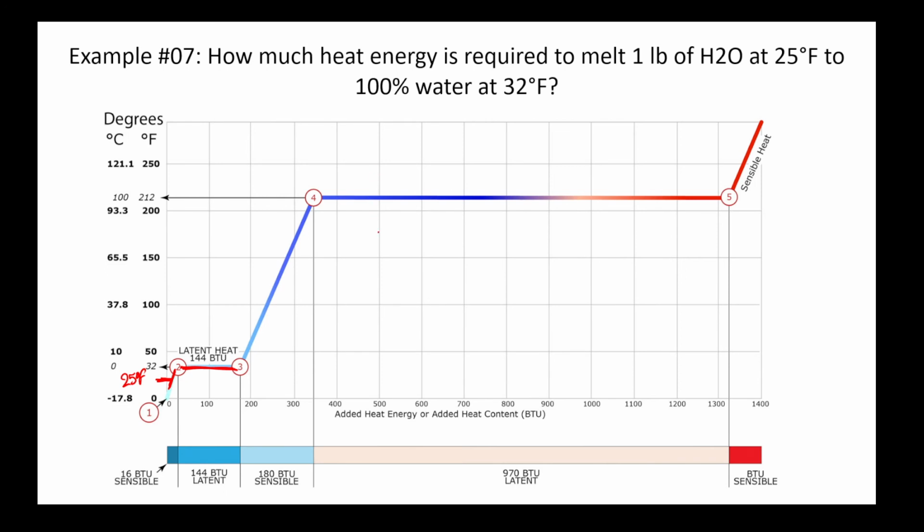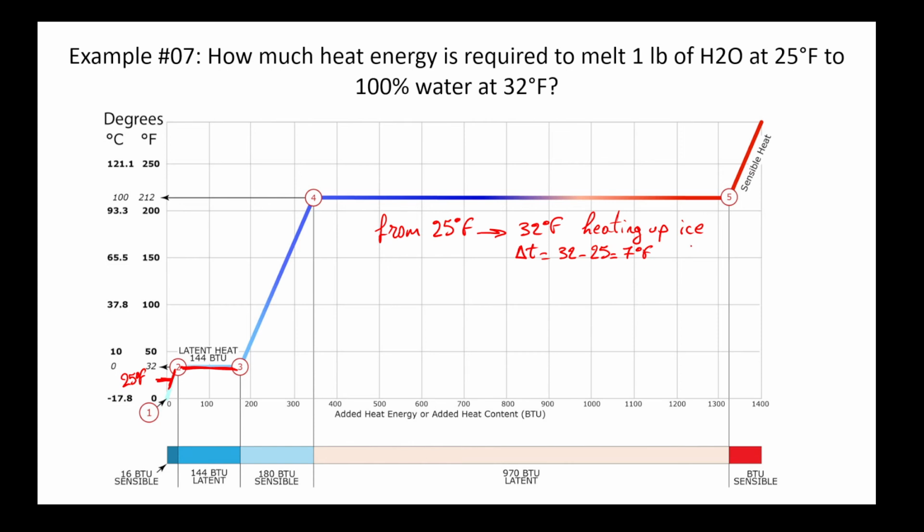So let's do the first part. From 25 degrees Fahrenheit to 32 degrees Fahrenheit, heating up the ice. What does that do? That causes temperature change, so it is sensible heat. And the temperature change is 32 minus 25, that gives you 7 degrees Fahrenheit.